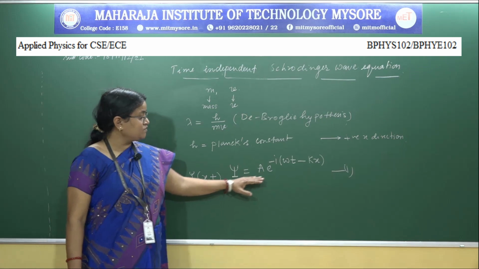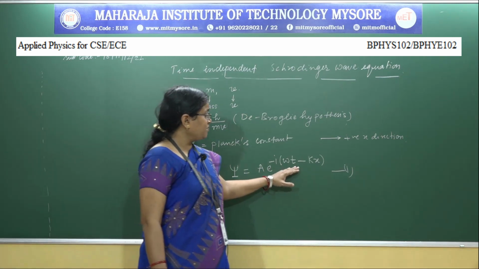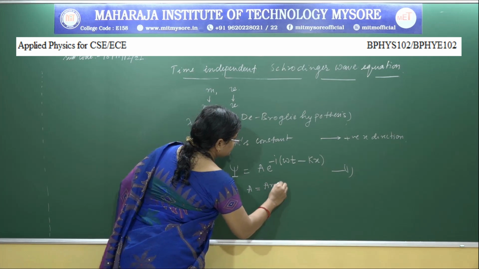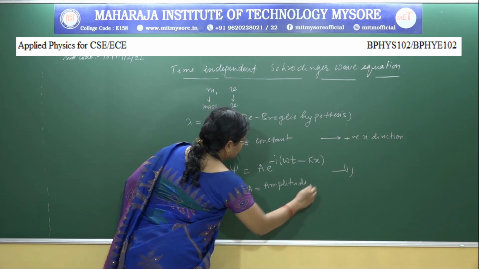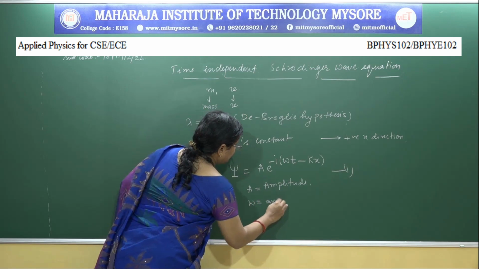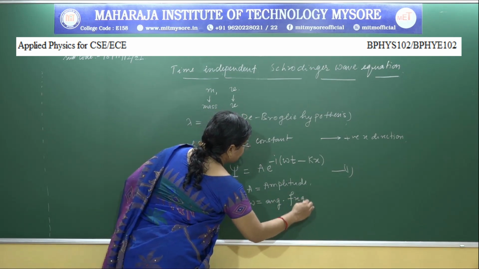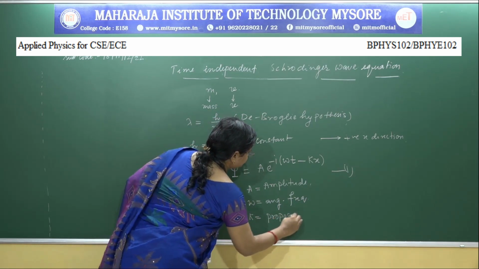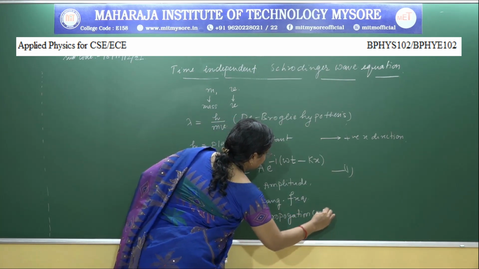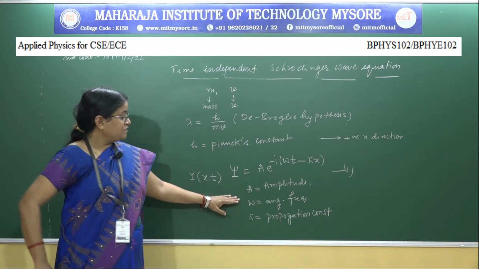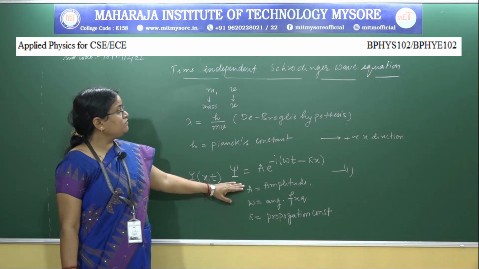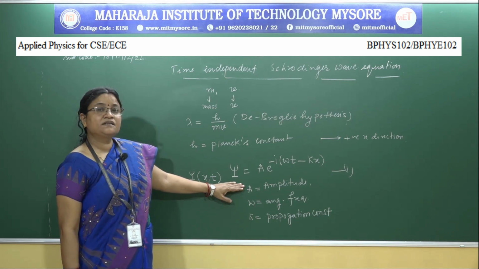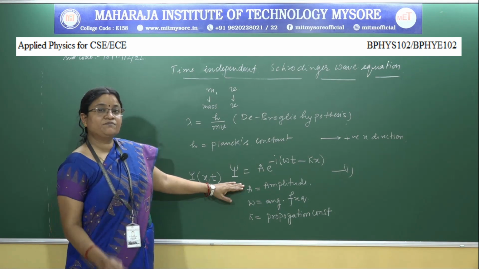Psi is equal to a exponential of minus i omega t minus kx, where a is the amplitude, omega is the angular frequency, and k is the propagation constant. Now, to solve the time independent Schrodinger wave equation, we understand that the amplitude remains constant.